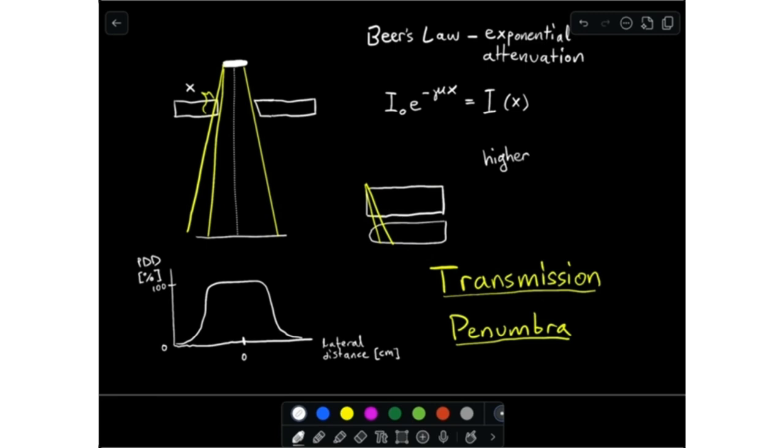But for now, we can just summarize that higher photon energy is a principal variable in both of these factors because it leads to more scattering as well as more transmission through the collimators. But it's important to note that this is dependent on the collimator material characteristics, such as attenuation coefficients, as we've seen.